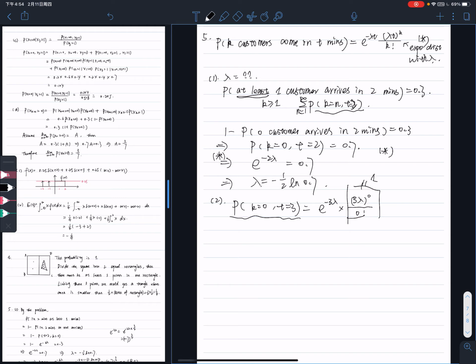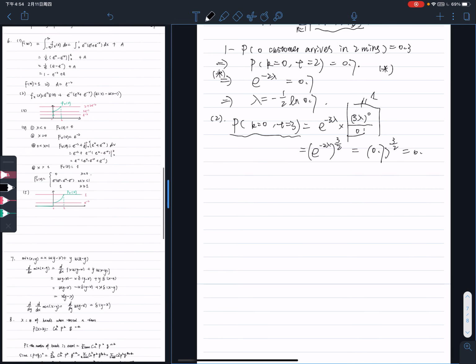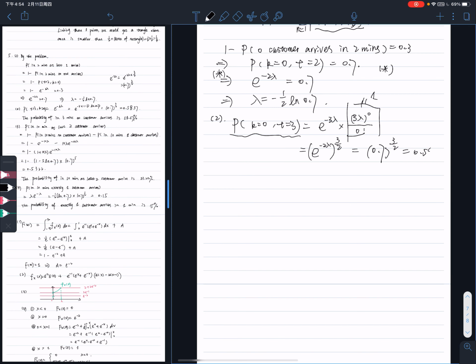So this is e to the power of minus 2 lambda, to the power of 3 over 2. So it is 0.7 to the power of 3 over 2. Then we use the calculator, and we get 0.5857. Okay, so we successfully solved the second part.